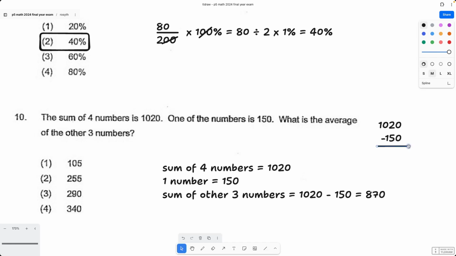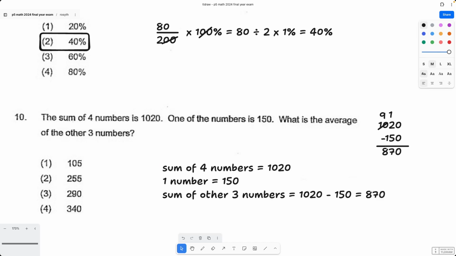Okay, so we have 0 at the end, and then 2 minus 5, we will get 12. We borrow 1, and then this 10 over here, we cancel this. This will become 9 instead. So 12 minus 5 is 7, and then 9 minus 1 is 8. So it is 870.